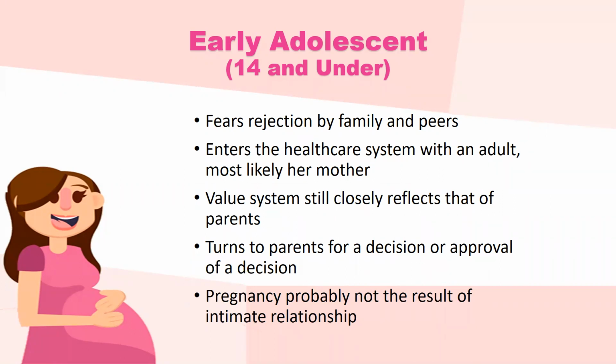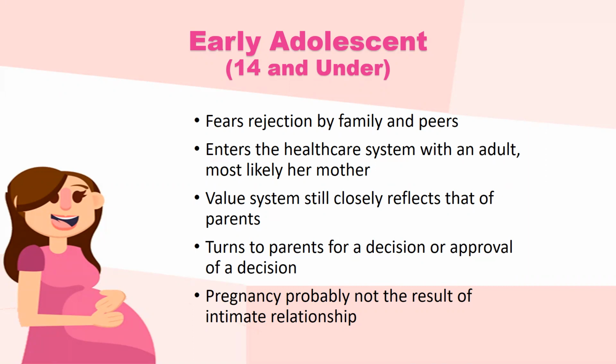They may fear rejection by family members and peers due to pregnancy. Normally, they'll come into a healthcare provider with a parent or a grandparent. They look to their parents to help them make decisions and for approval of a decision.